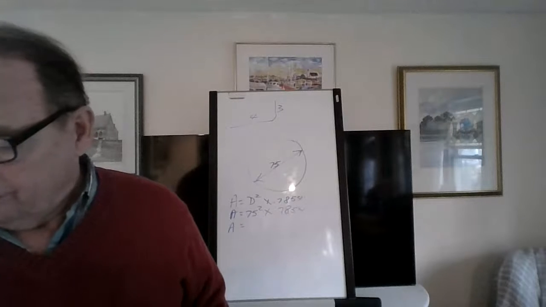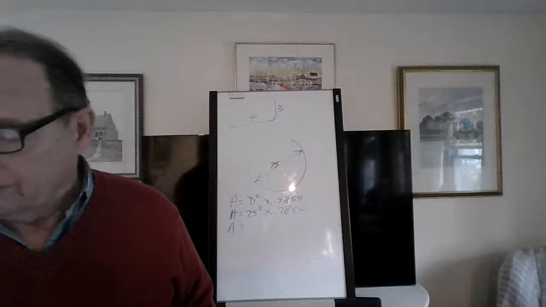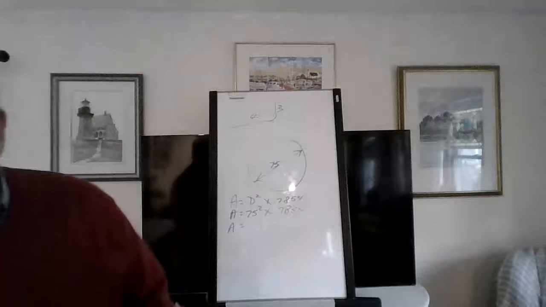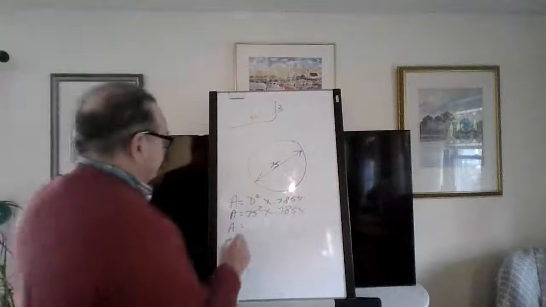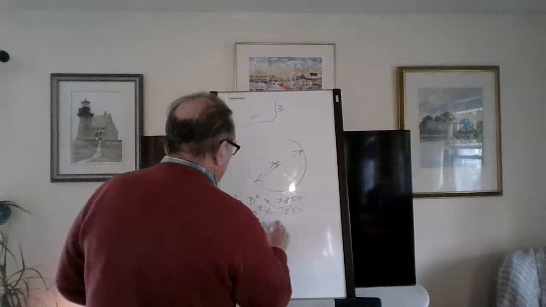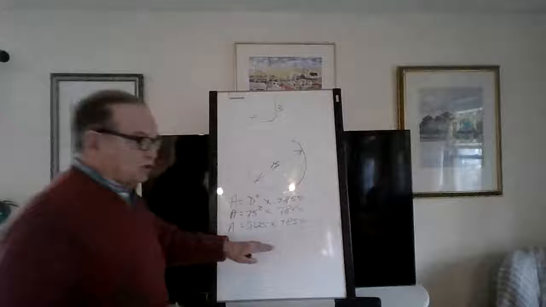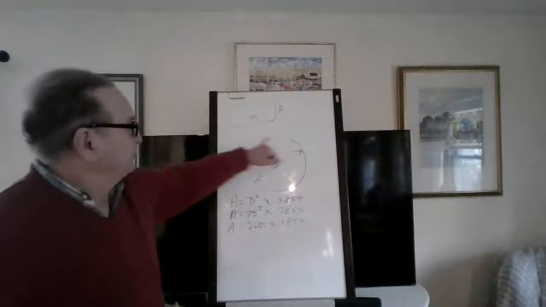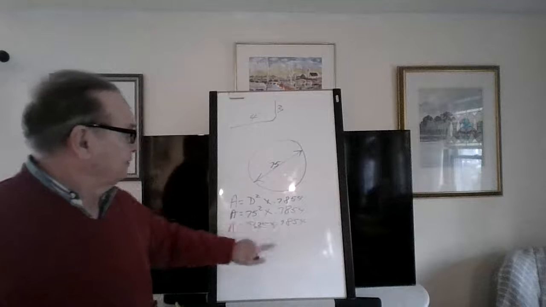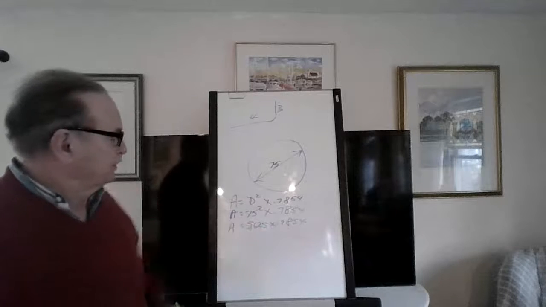Let's see what we got with 75 times 75 equals 5,625. Okay, if it was a square roof, that's how big it would be. So if you squared this off, it should come up to this. Okay, now we got to multiply it by a little more than 3/4, 0.785.